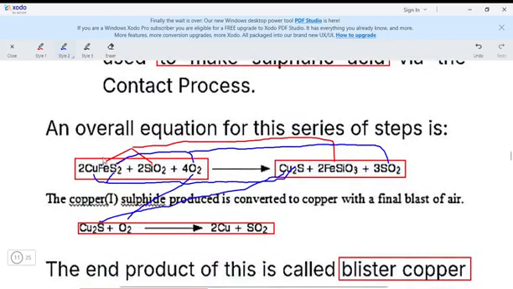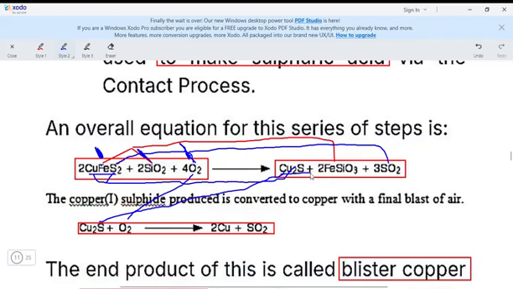Now this is your ore, the copper iron 2 sulfide, where the first thing that will happen to it is that there will be an addition of your silica, that's silicon oxide, and there will be addition of air, oxygen, for burning in the blast furnace. So the first thing is that from this copper iron 2 sulfide, it will be reduced to what?